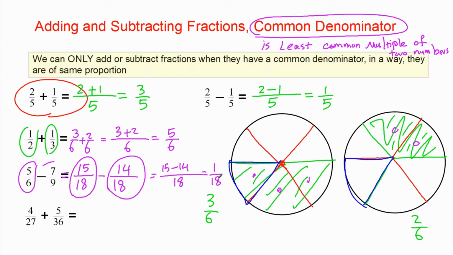Okay, now we are going to do the final example. The least common multiple between 27 and 36. 27 is 3 times 3 times 3. 36 is 2 times 2 times 3 times 3. And we know that these are prime factors.